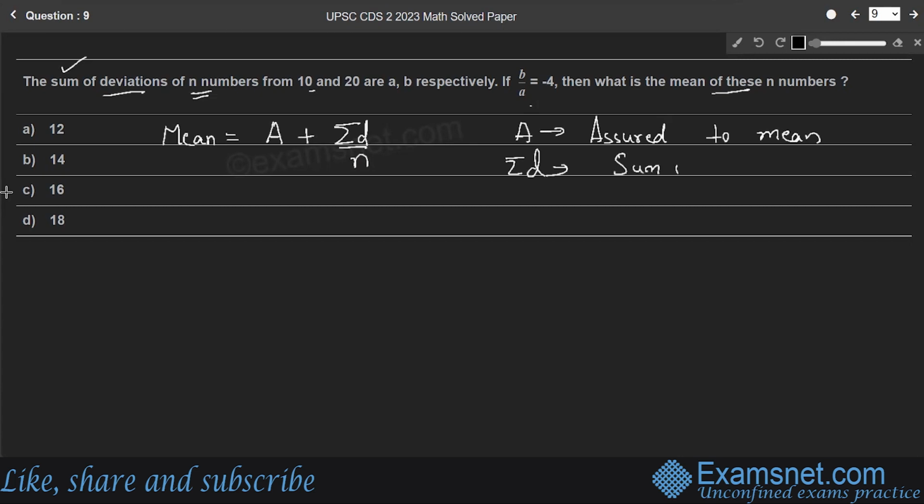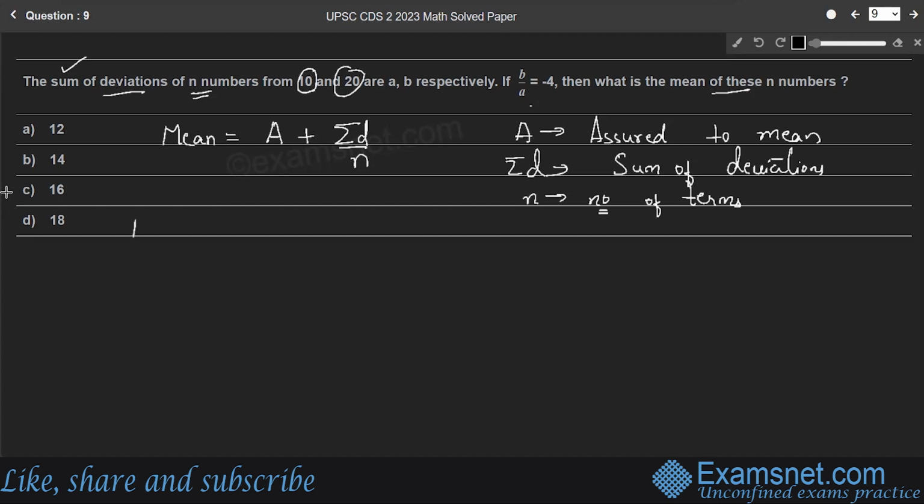Sigma d is sum of deviations, and small n is number of terms, right? So here, the assumed means are 10 and 20.